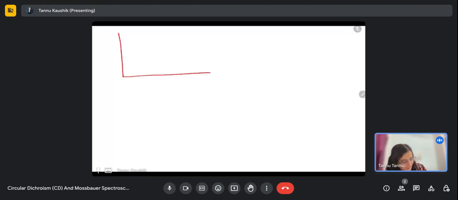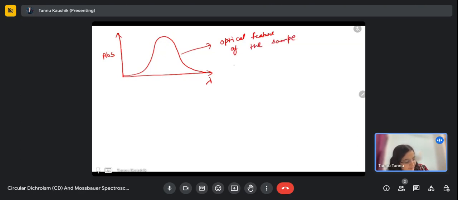For a sample, if we record an absorption spectra in a UV visible NIR spectrophotometer, this is the optical feature of the sample. This absorption spectra doesn't define whether the molecule is chiral or not.